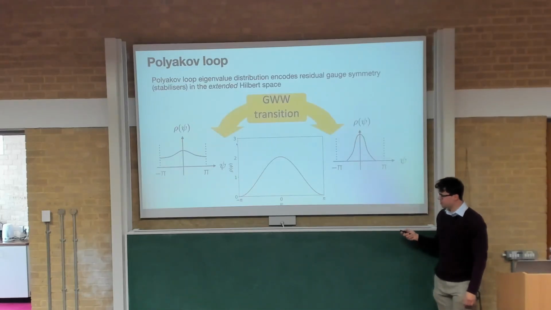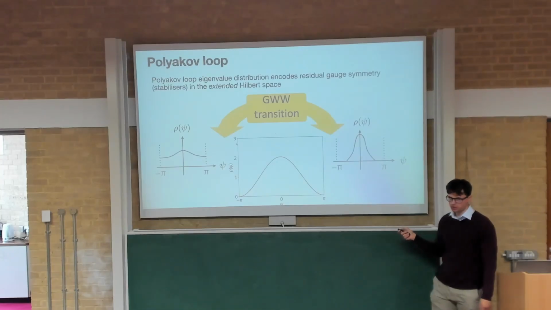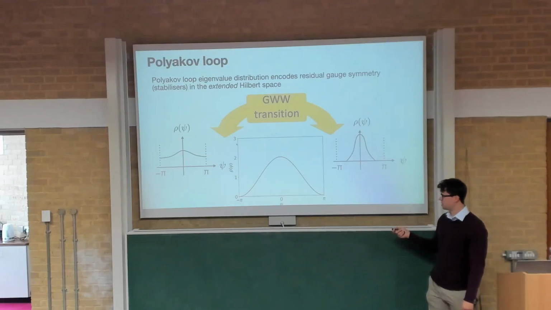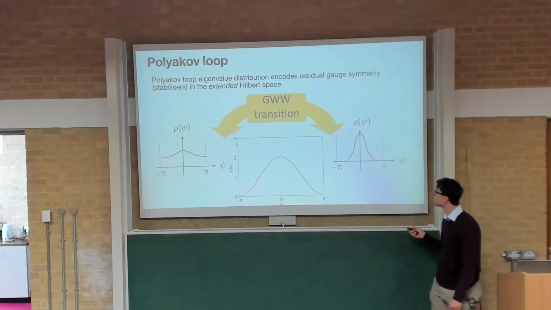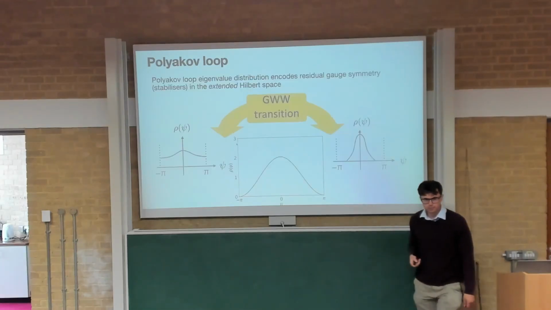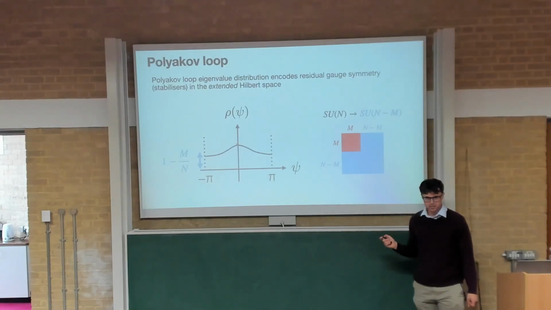There's clearly a critical point between the gapped distribution and the ungapped distribution. This was well known from the work of Gross-Witten and Wadia, and it's called the Gross-Witten-Wadia transition, which is the critical point before the gap forms. It marks the configuration between the deconfined and the partially deconfined phases. So if we go back to this picture, in the confined phase, the trace of P will be 0.